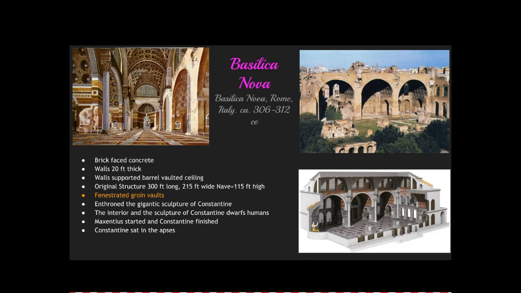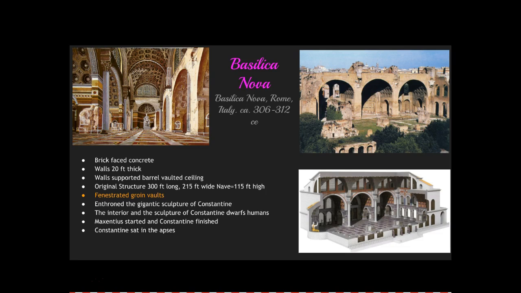So under Constantine's rule was the Basilica Nova. This was the original site of Christian faith. It has a brick and concrete facade, 20-foot thick walls. Holy Toledo. The walls were supported by a barrel vaulted ceiling.